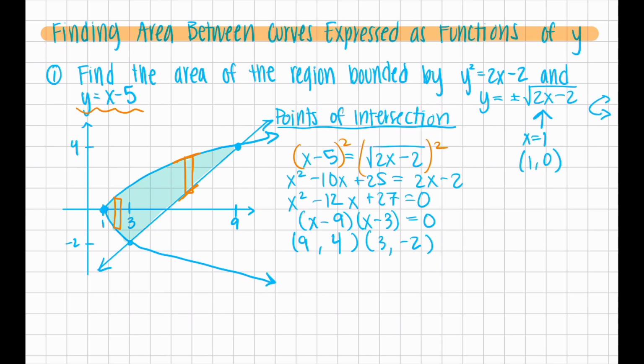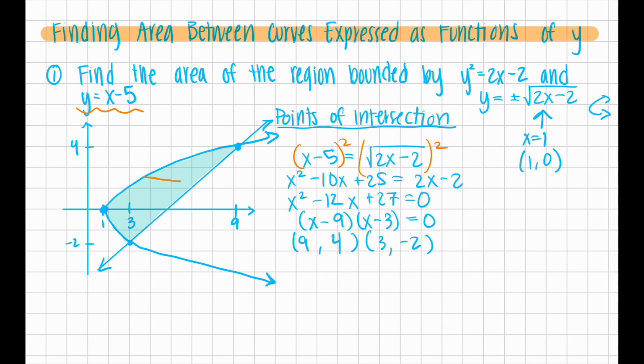So because the top and bottom functions change as you sweep this rectangle left to right, we would have to separate this into two separate regions. So I would have region 1 and region 2. Now it's doable, but we would have two separate integrals and it would just be more work. Let's backtrack a little bit.